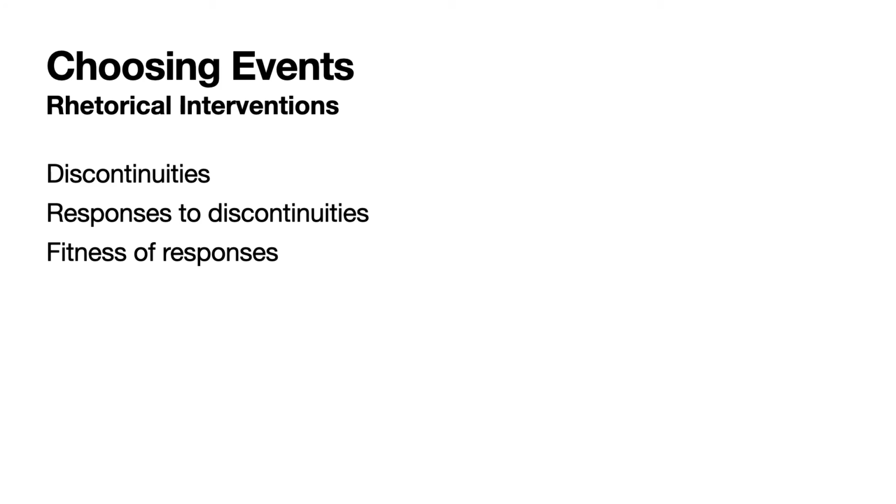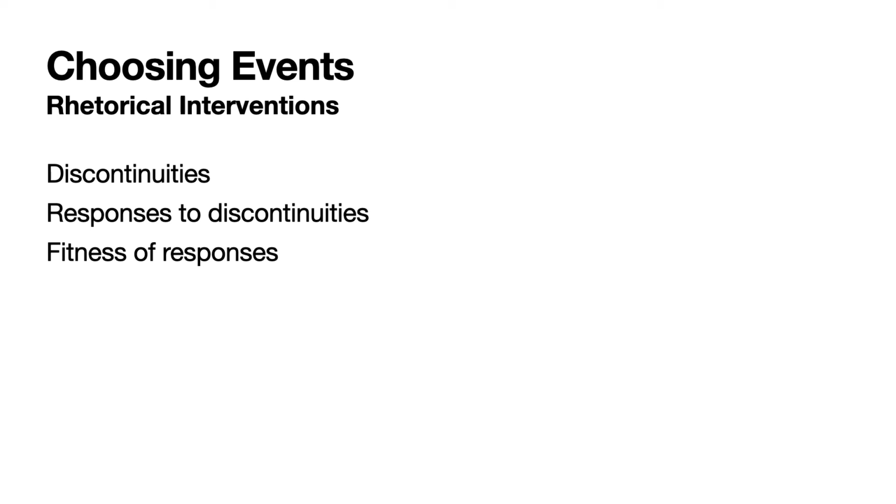So choosing events, we might want to say choosing arguments to analyze. I could have called this paper the argument analysis of arguments, or the argument about arguments, because that's basically what you're doing. I consider analysis a kind of argument. It's a very particular kind of argument.